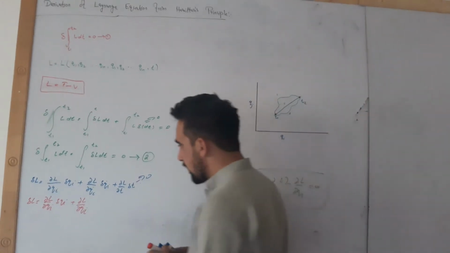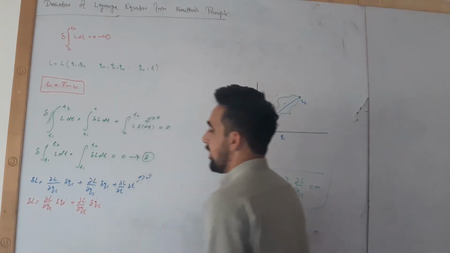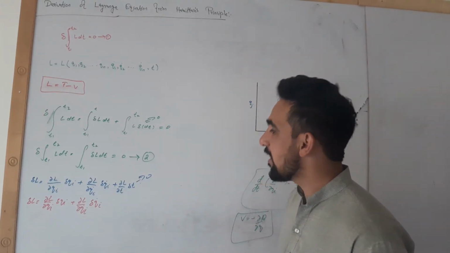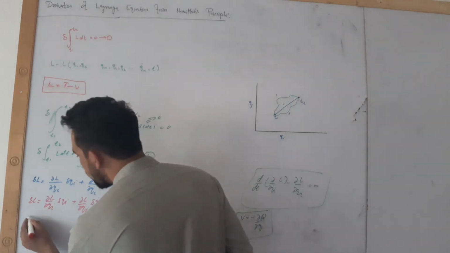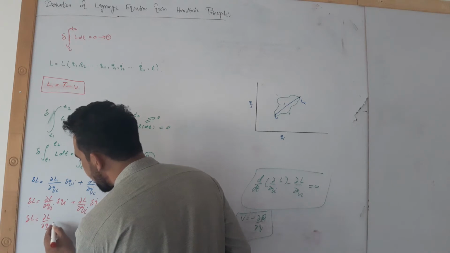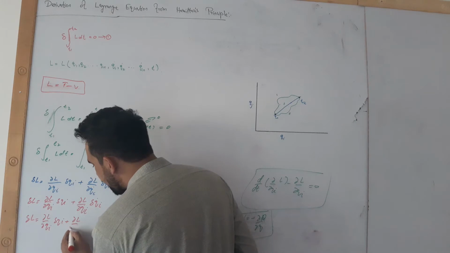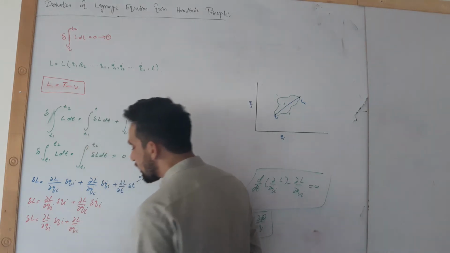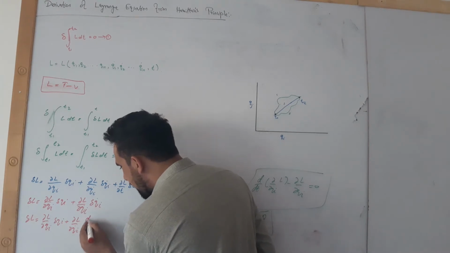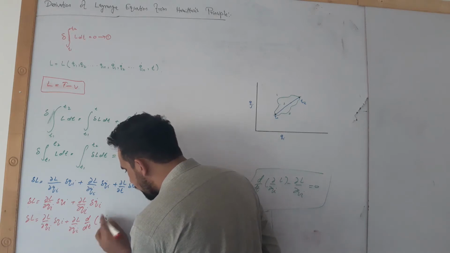I am just going to expand this equation a little bit more. So δL is equal to ∂L/∂qi δqi plus ∂L/∂q̇i, and I can write this δq̇i as d/dt of δqi.